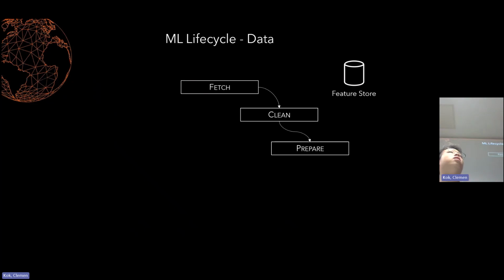Something very cool that is not really well known is the concept of a feature store. A feature store is to overcome certain problems that we've observed in the early stages of MLOps, which is that teams repeat their data engineering and feature engineering steps.